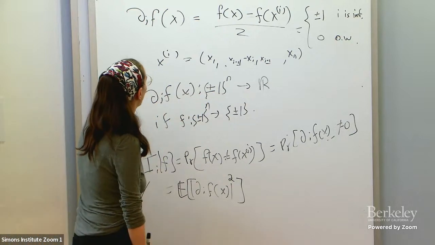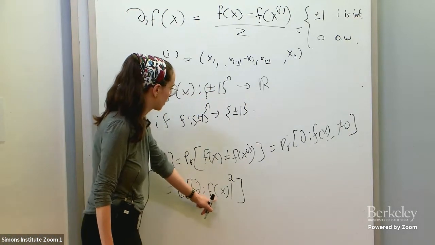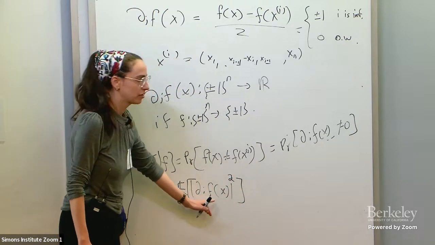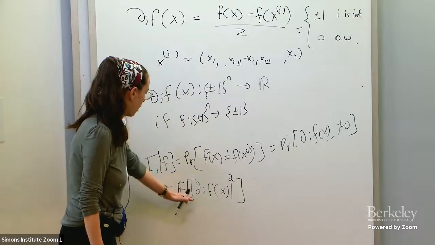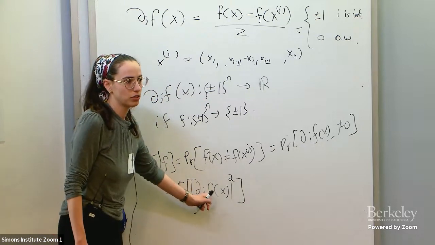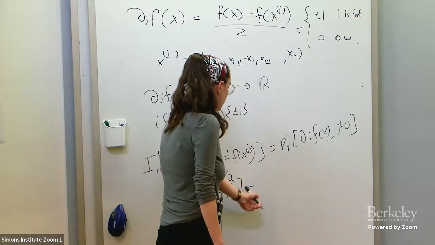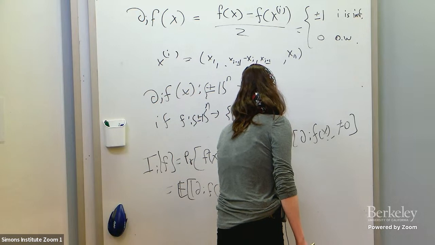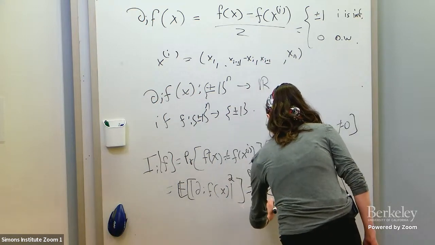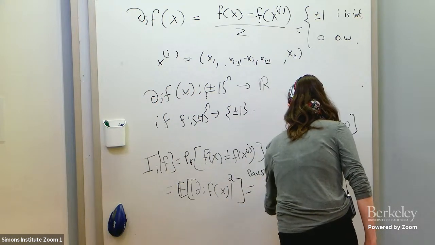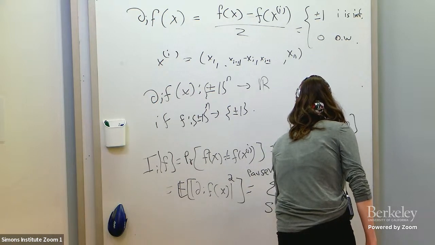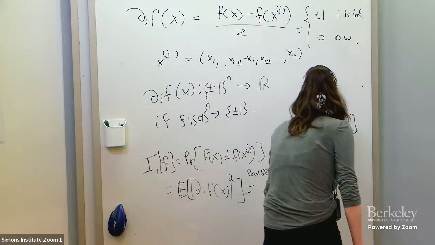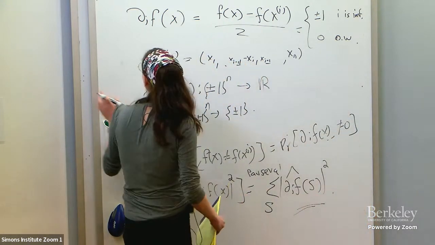Okay. So now we have the expectation of some function squared. It's very interesting to see what the Fourier expansion of this function looks like, because now we can use Parseval to maybe get something interesting. What is this quantity? It's very easy to calculate.